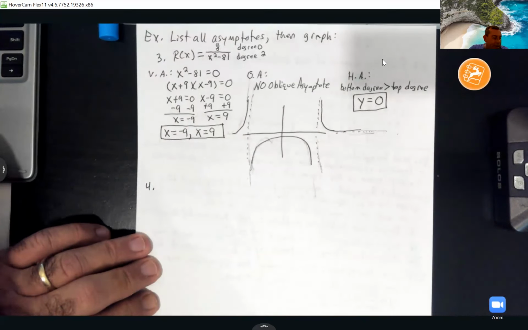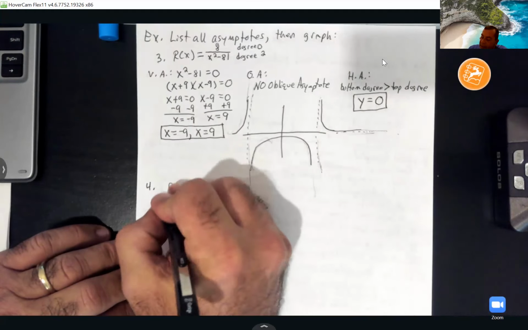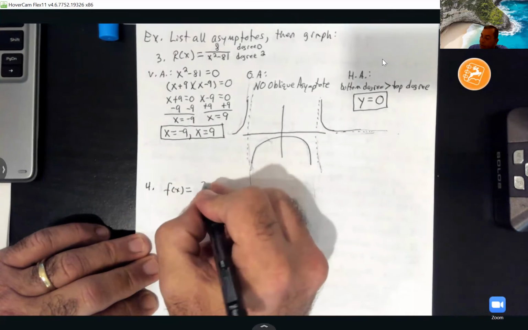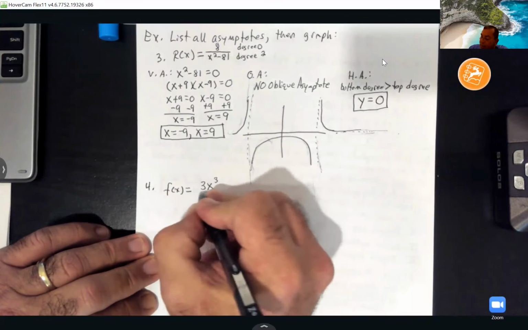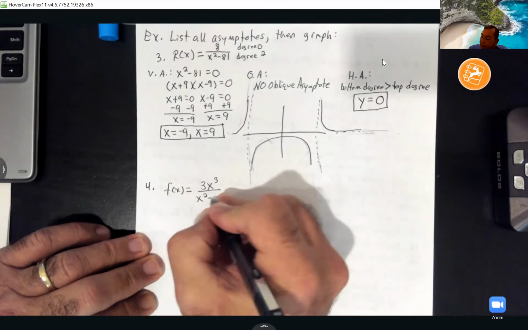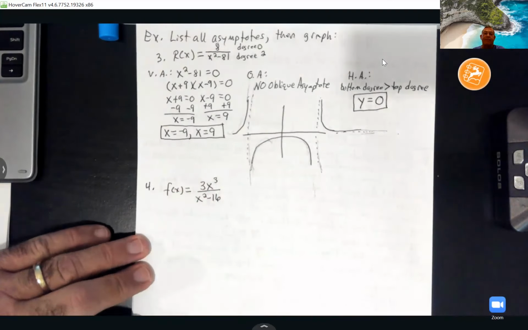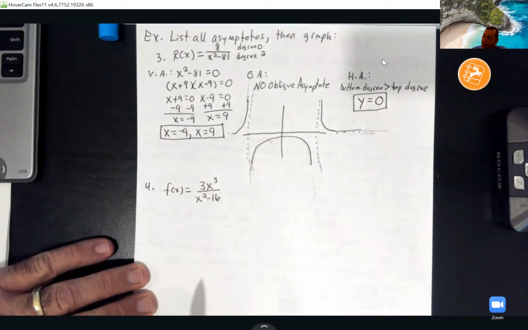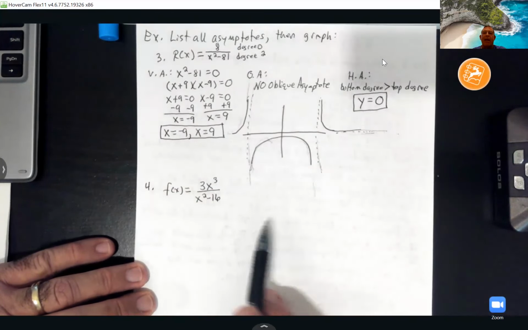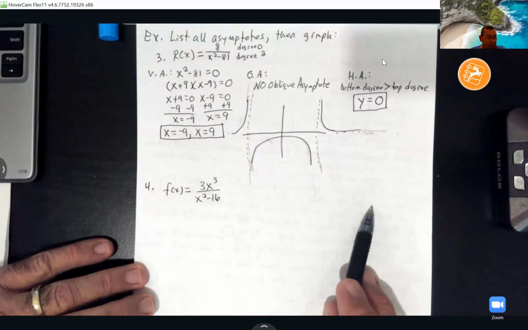All righty, so let's try this fourth one. f of x equals 3x to the third over x squared minus 16. So once again, I'll find my vertical asymptote, oblique asymptote if I got one, and horizontal if I got one.